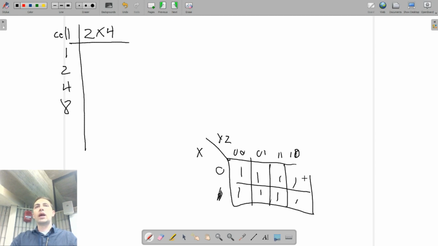Doesn't matter if X is 0 or X is 1, Y is 0, Y is 1, Z is 0, Z is 1. We're always going to get 1. So if it doesn't matter if X is 0 or X is 1, X isn't going to be part of your final solution because it's irrelevant.